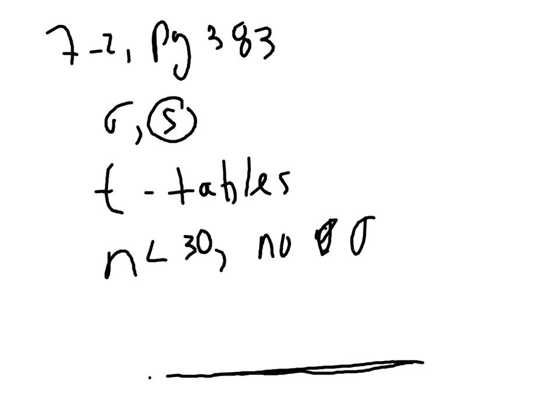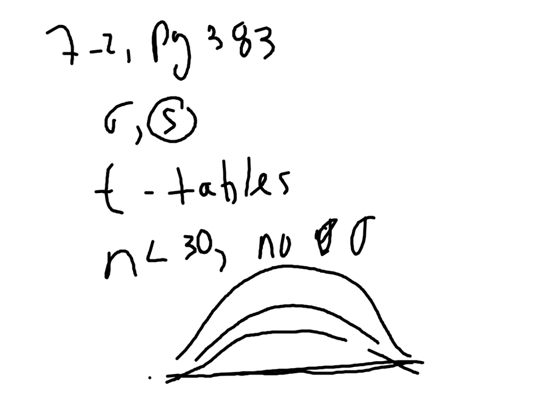It starts out when we have a low n that the t-tables might look something like this, but as n gets bigger, the t-tables take on the shape and appearance of our bell curve or our standard normal distribution or just normal distribution. So that's what they're trying to tell us at the bottom of page 383.